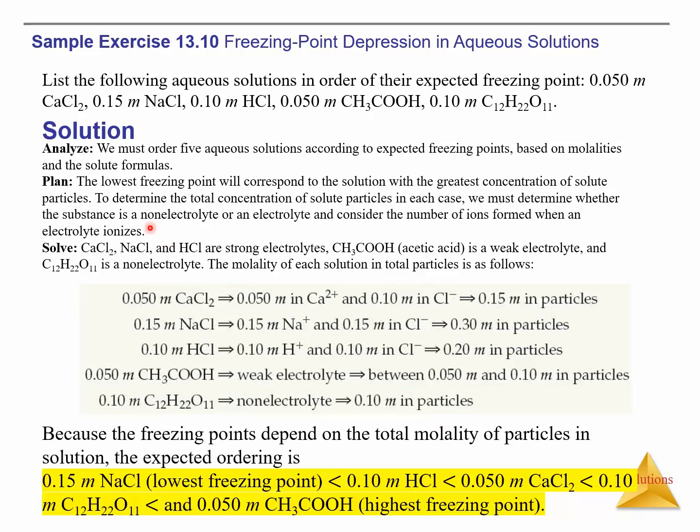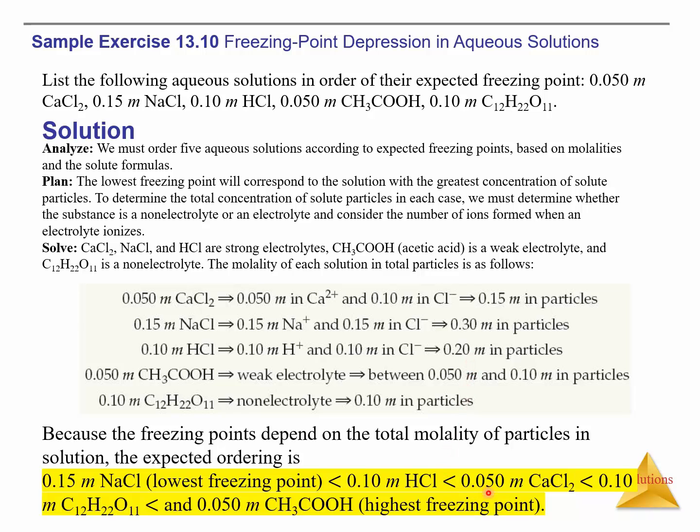So, as we said here, the lowest freezing point will correspond to the solution with the greatest concentration of solute particles. Which one is the greatest? This is the NaCl and HCl, so they come first here, with the lowest freezing point at 0.3 molal.